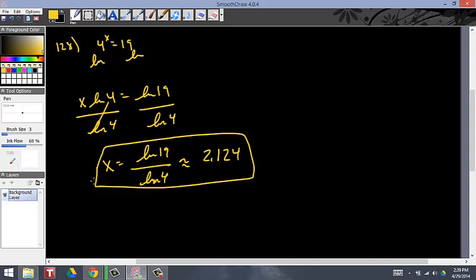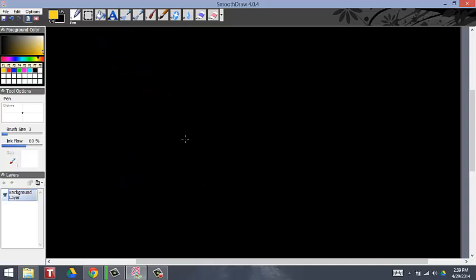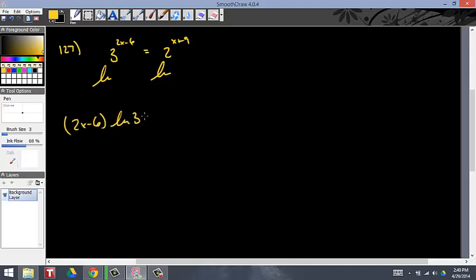Okay, last one, guys. Last one that I'm going to do for you guys is going to be number 127. You need to pay attention to this one. Okay. I'm going to take the natural log of both sides. I get 2x minus 6 times the natural log of 3 equals x plus 9 times the natural log of 2. I have no choice.